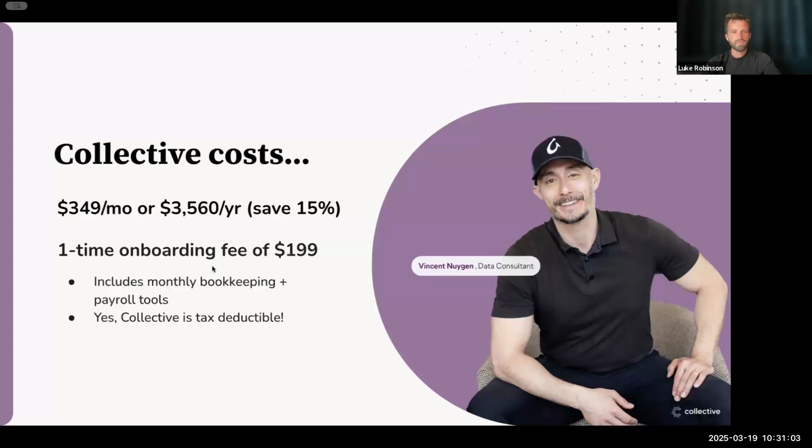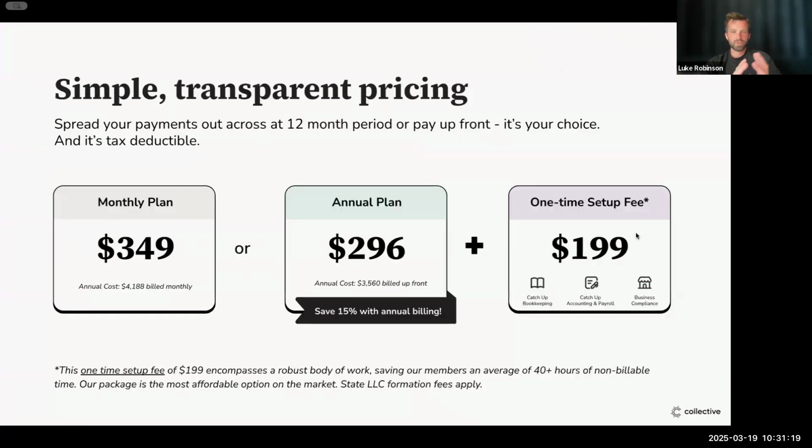That's all inclusive. It includes the bookkeeping and payroll tools, the whole shebang. And also, Collective is tax deductible. Collective is a business expense. It's something that you can write off. Simple, transparent pricing. It's a fixed, flat fee. There are no hidden fees or anything like that. And you can either pay month to month, spread it out over 12 months, or pay it at one time.